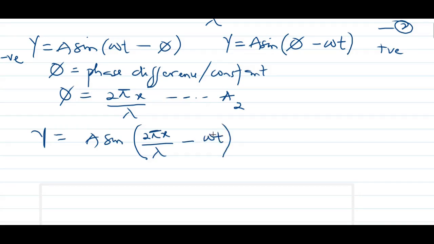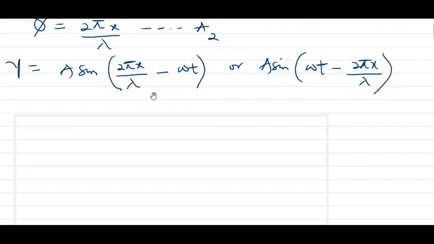Omega is the angular velocity. Or you can have A sine omega t minus 2 pi x over lambda. Don't forget, when you are dealing with the positive or the negative, you just swap the positions of the terms.